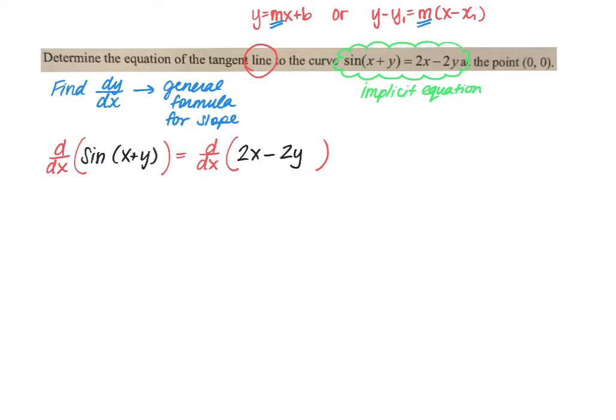Now, as we look at the left-hand side, we have to recognize that this expression is a composite function, or a "pregnant" function, as we call it sometimes. My outer function here is the sine of some quantity, and my inner function is x + y. So when I compute the derivative of sine of something, I know that will be the cosine of something.